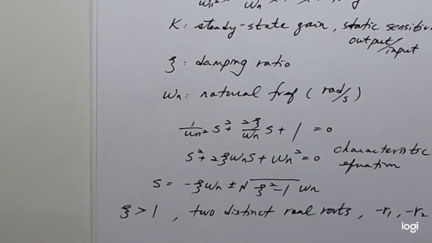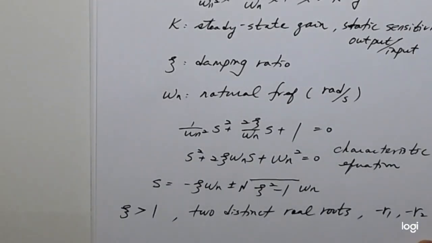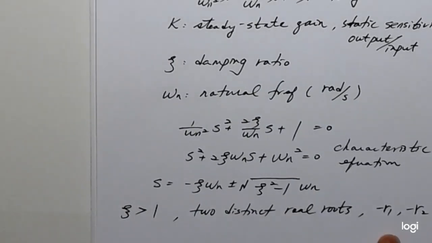The solution for this kind of ordinary differential equation will be a combination of exponential minus r1 t plus another exponential function, exponential minus r2 t. In this case, we have two distinct real roots.